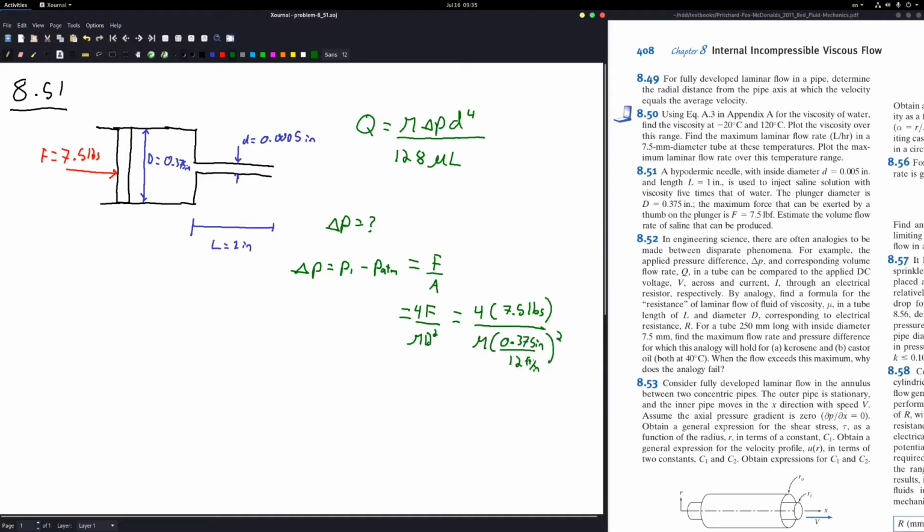Now, because we're working in British standard units, we have to be careful with the conversion, but we will obtain a delta P of 67.9 psi.